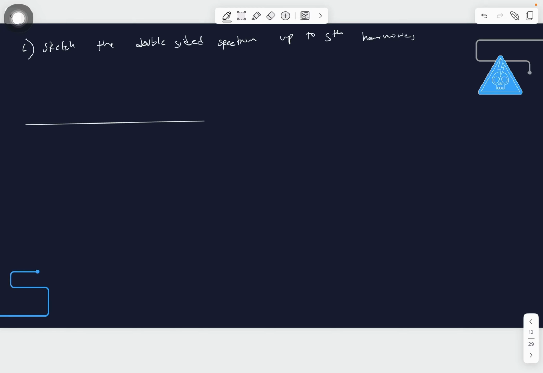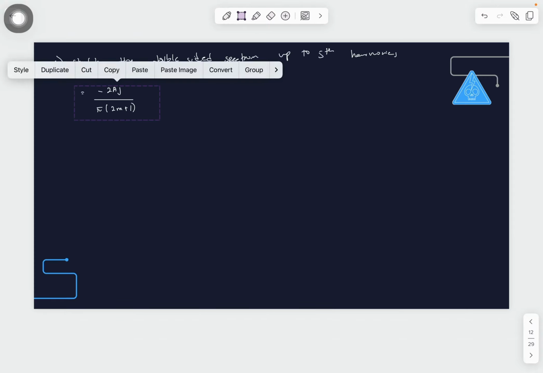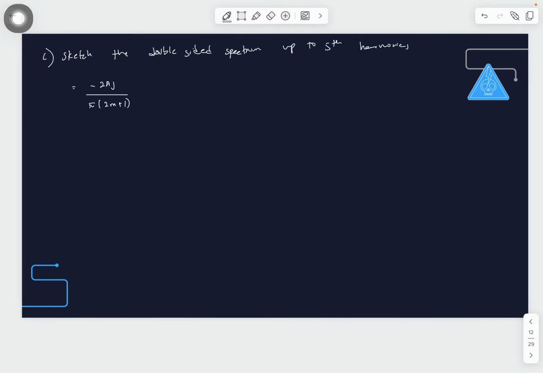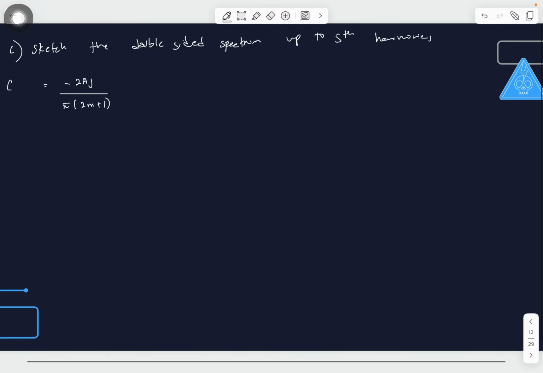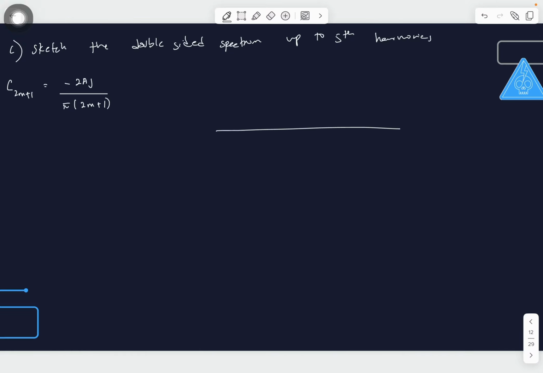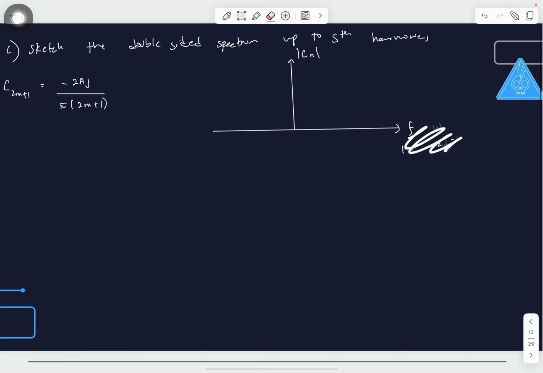So first, double-sided spectrum معناته هنشتغل بالcomplex coefficients, C_(2m plus 1). طيب we know that it's even، يعني we know that كل height هنا is replicated the same value هناك. We can sketch it against f, يعني frequency or angular frequency, in hertz or in radians per second. It's up to us. So let's do it in hertz.